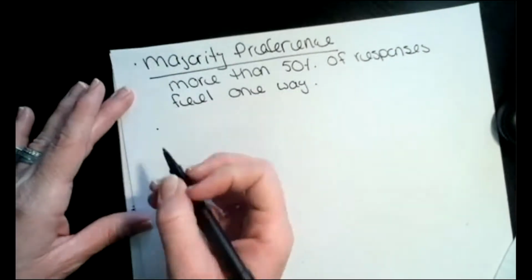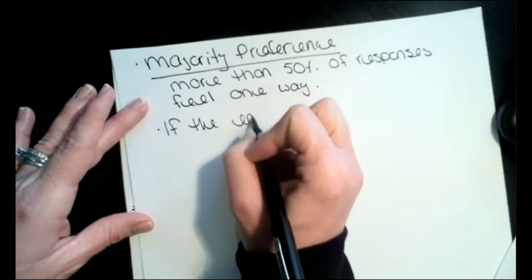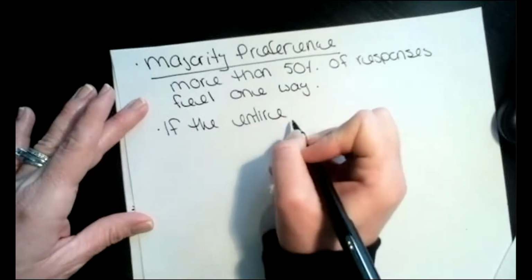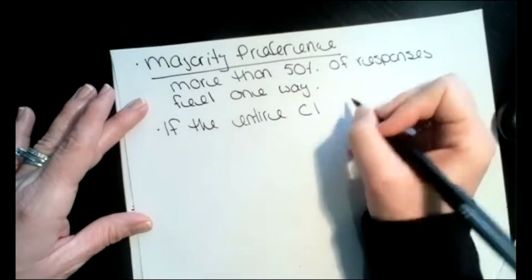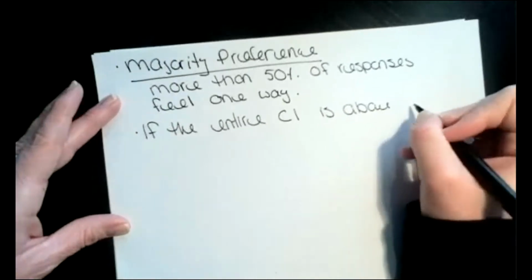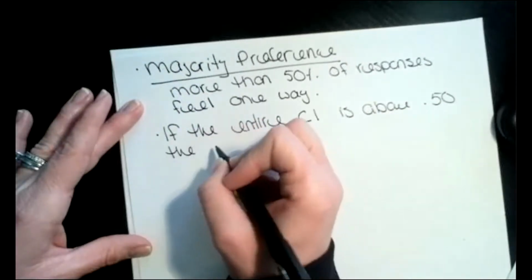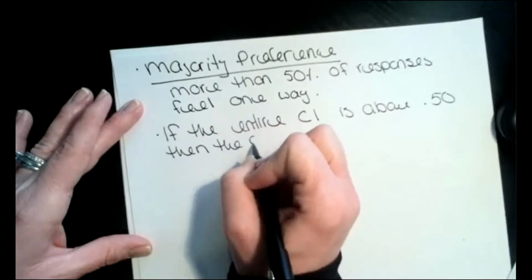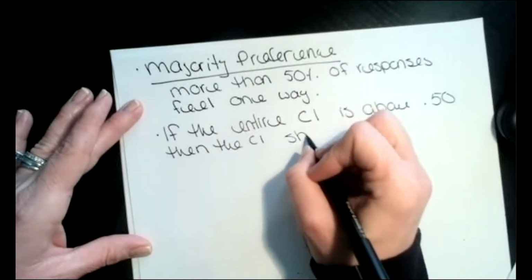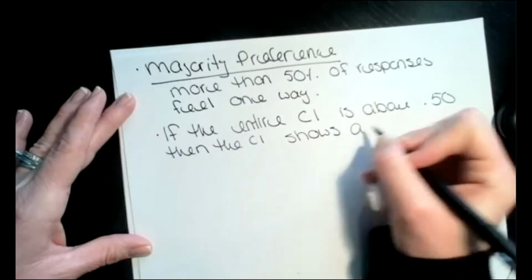So we have three different scenarios. If the entire, so this is key, entire CI is above 0.50, then the CI shows a majority.